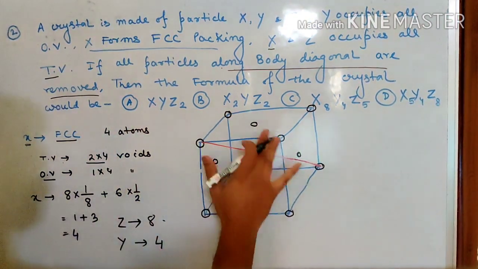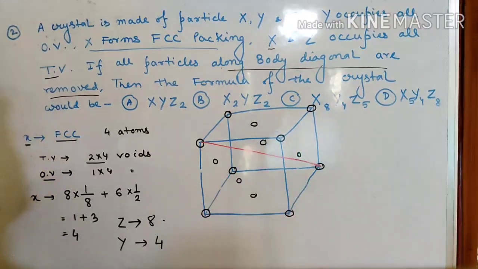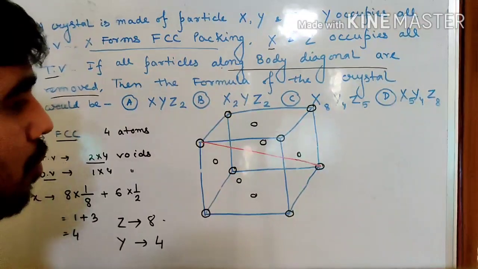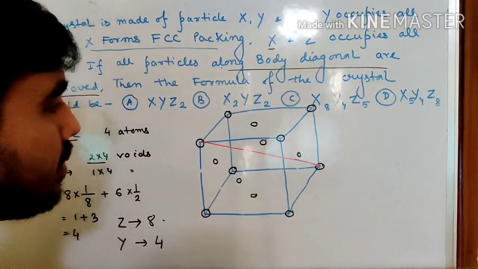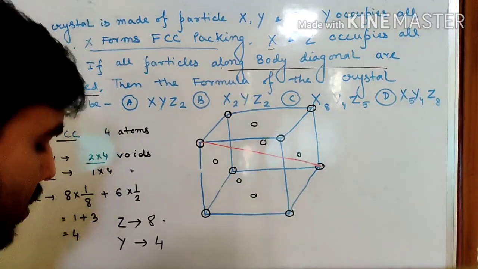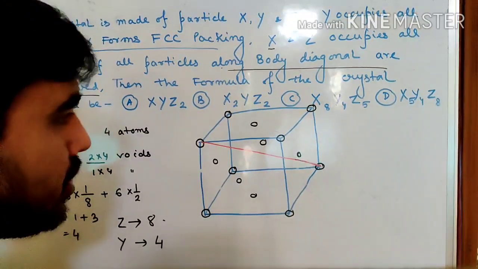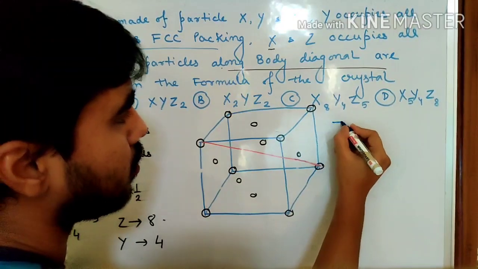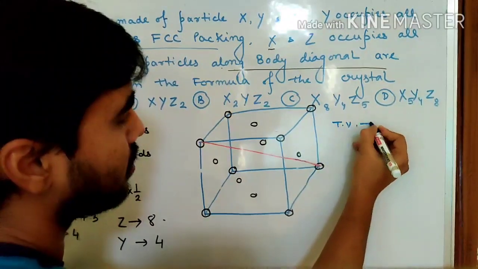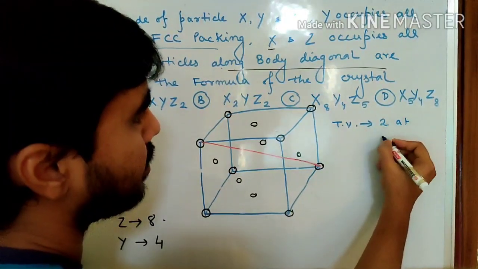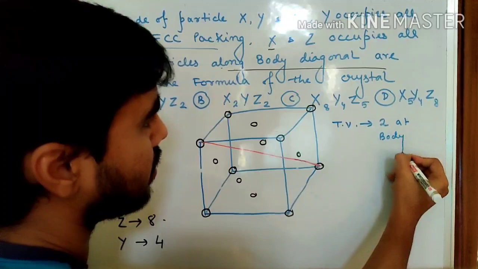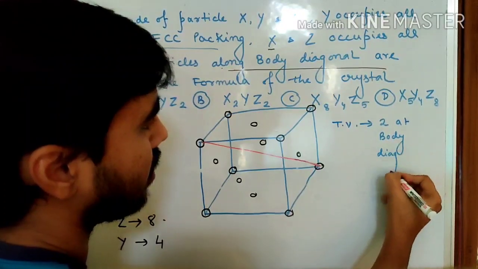If all the particles along the body diagonals are removed, we have seen earlier that across the body diagonal, the centers of the 2 tetrahedral voids are remaining. So I have to mention here, where is the position of tetrahedral voids? 2 at body diagonal.